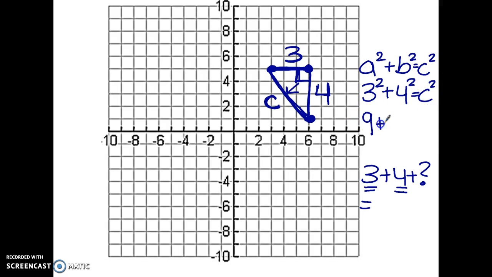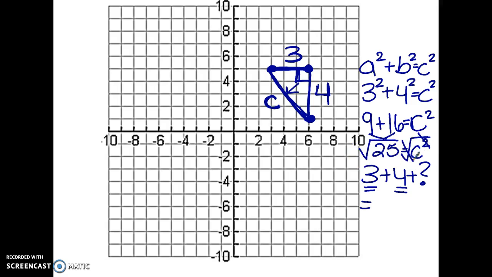So we got 9 plus 16 equals C squared. This is 25. And if I want C to be alone, right now there's a square on it. To undo squaring, we square root both sides.